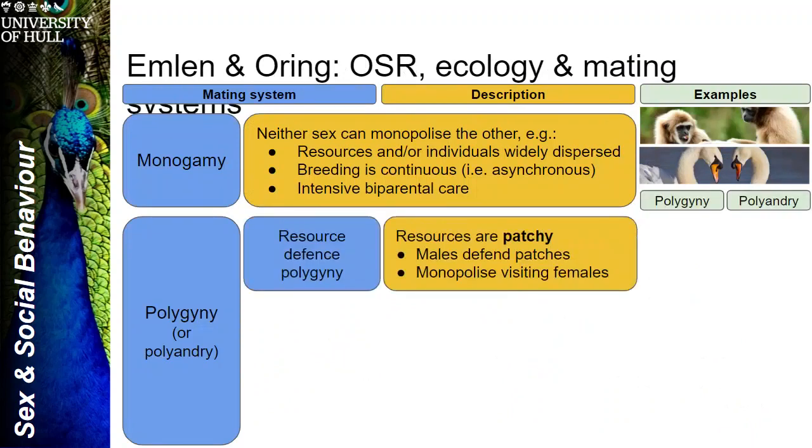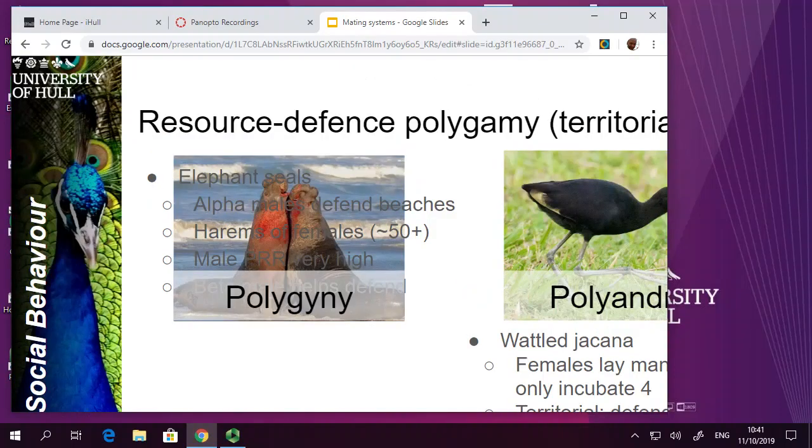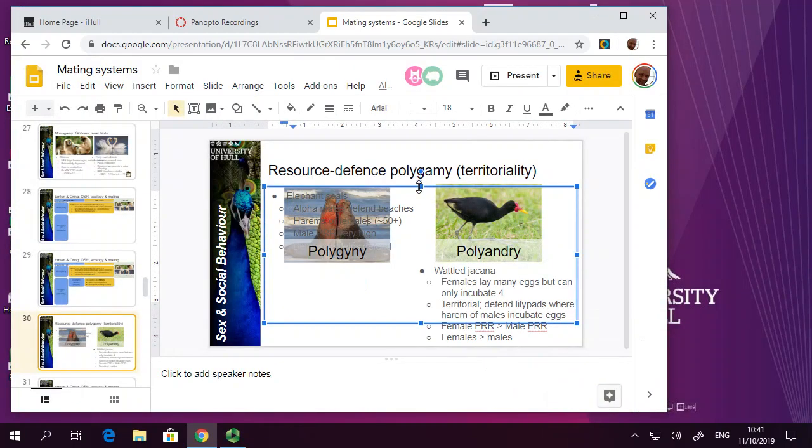So that's monogamy. Then you have resource defense polygyny, where males defend patches of resources to which females come to visit to get those resources. A good example of resource defense polygyny is elephant seals, where females have to come up onto a beach to breed, and they come in large numbers. The male that wins the competition potentially stands to gain a massive amount of mating success.